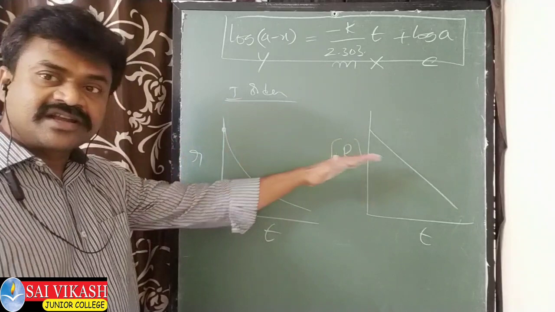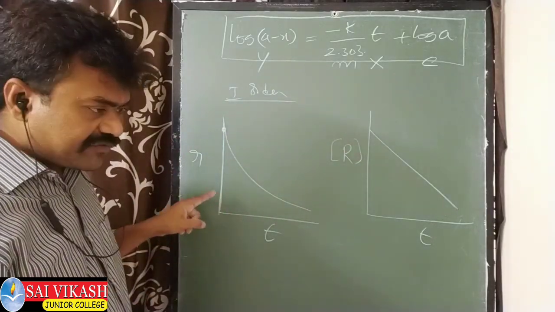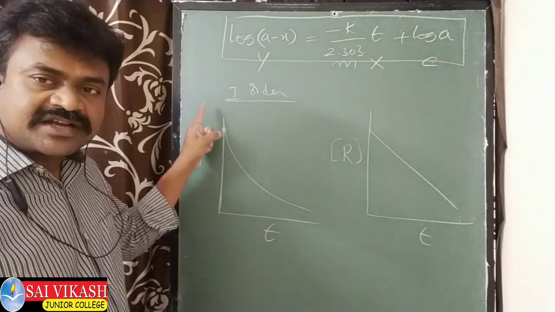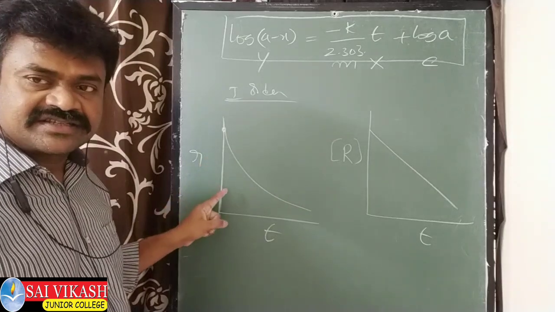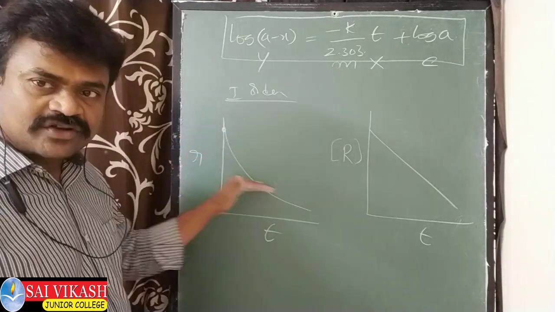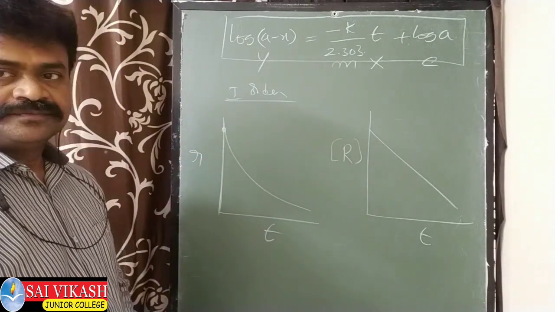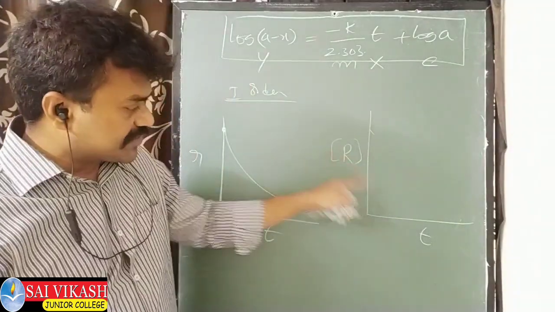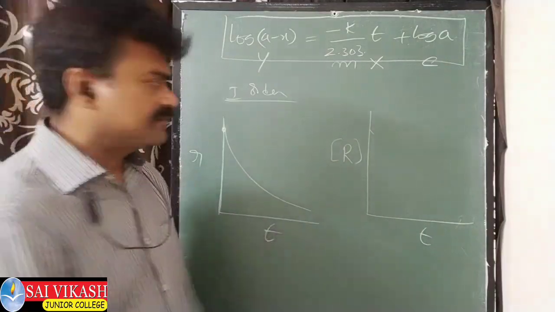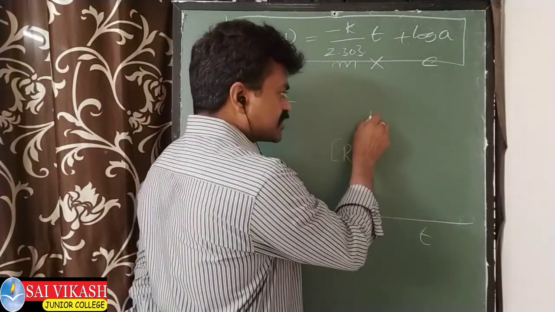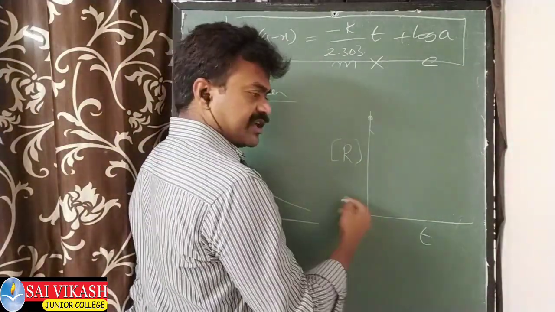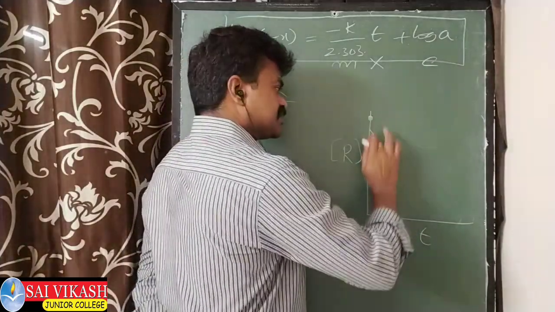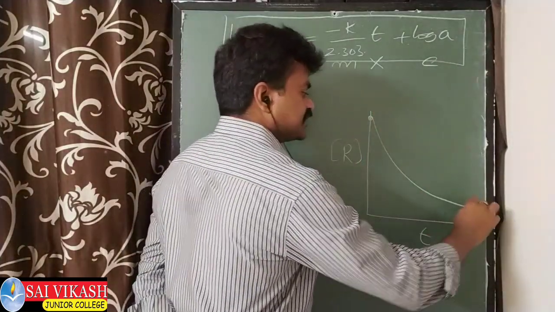Now constant speed is going on. Here for first order, with the time the concentration of reactants decreases irregularly, so the rate also decreases irregularly. So here, concentration of reactants versus time. Initially concentration of reactants is more. With time the concentration of the reactants decreases irregularly.